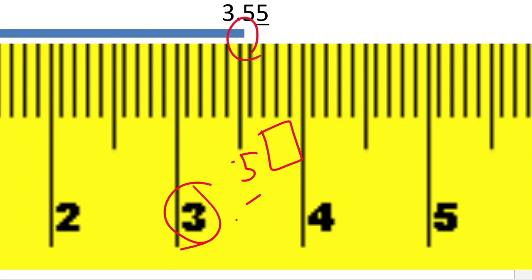Does it look like the line is closer to the 0.5, in which case I would say that's a 0? Does it look like the line is closer to the middle, in which case I would say it's a 5? Well, if I look at it, and again, this is an estimate, I would say that that blue line is pretty close to the middle between the 0.5 and the 0.6. So I'm going to estimate that last digit as a 5. And so my measurement would be recorded 3.55 centimeters. All right. That's the way we deal with those uncertainty measurements.